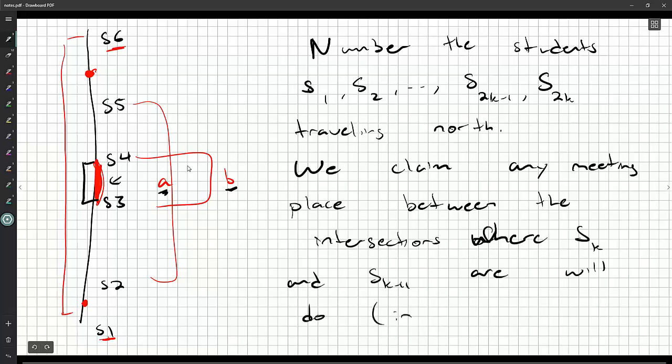And I'll say inclusive, or including those intersections. Okay. So let's just clean up that word there. Alright, so I think this should work.